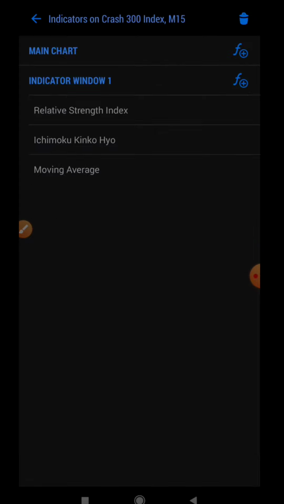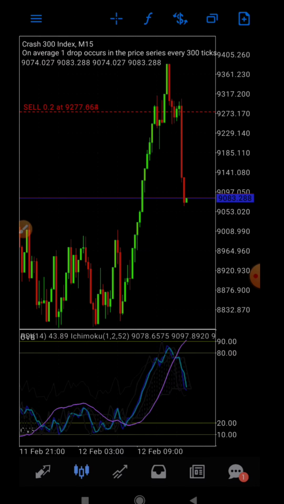Okay, I hope you've been able to get the settings, and ladies and gentlemen, that is it. So like I said earlier, I'm going to hold on to this trade and see how it plays out. Hope I've been able to explain to you how you trade using this very simple strategy.